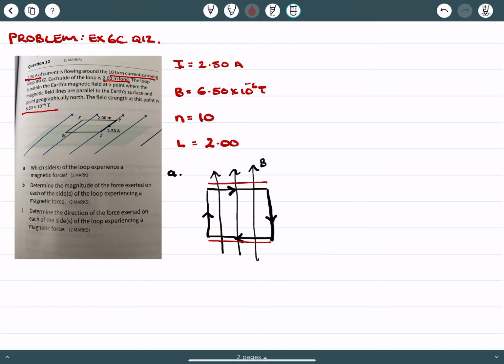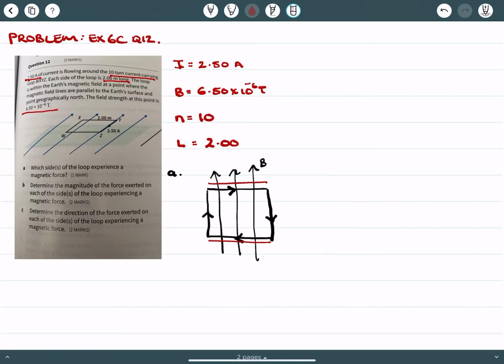This is where we would use our right hand rule. I'm going to show the direction of the force, because the force is either going into the page or out of the page, depending on which side we're working on.